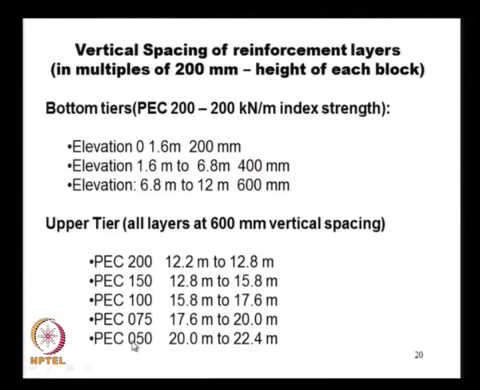Beyond 20 meters height PEC 50, having a tensile strength of 50 kilonewtons per meter, was provided up to a height of 22.4, and beyond this height there was some other finishing height of about another 400 millimeters.